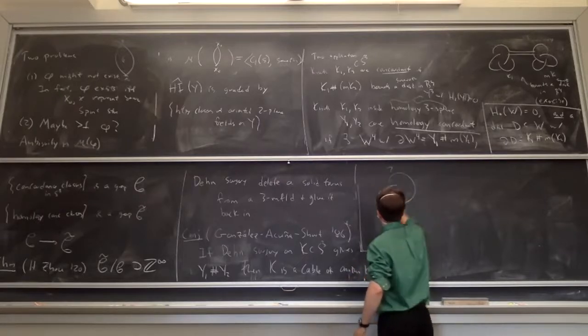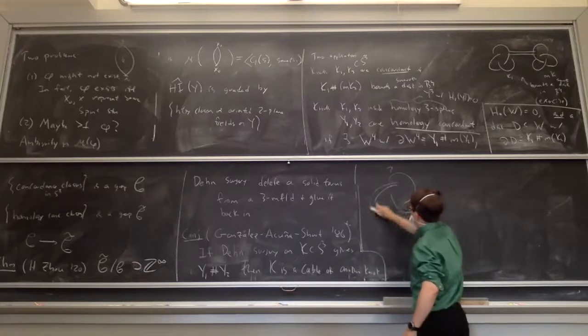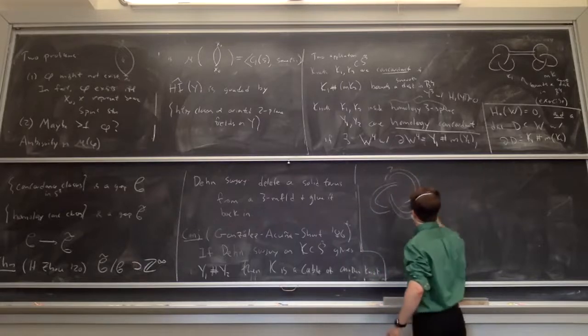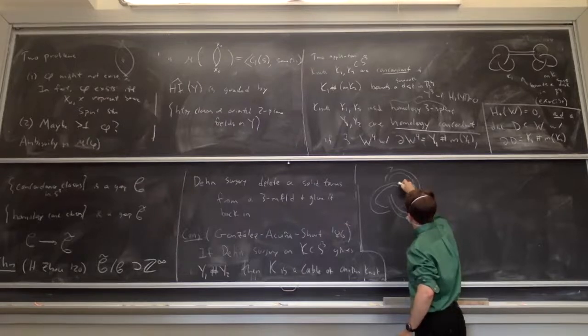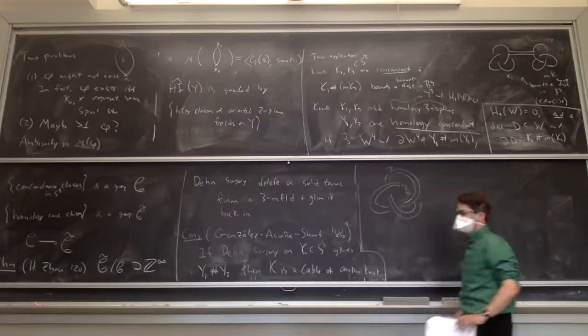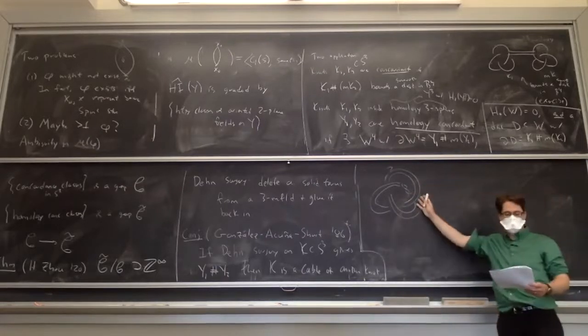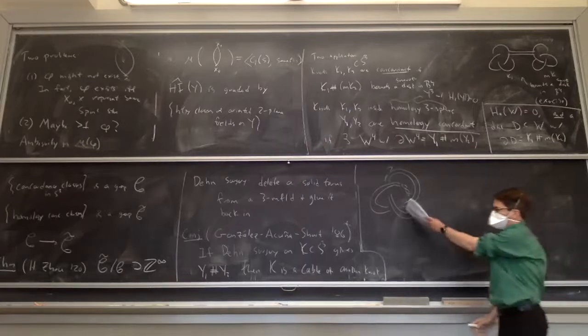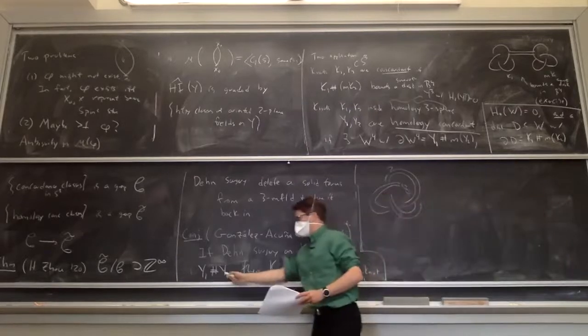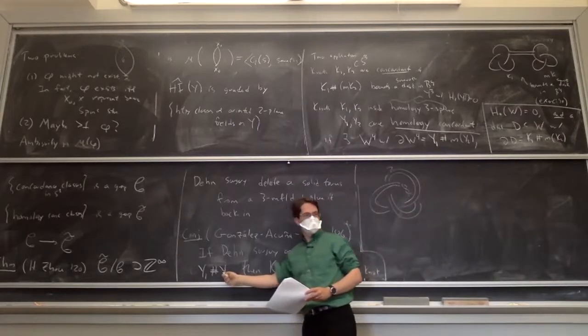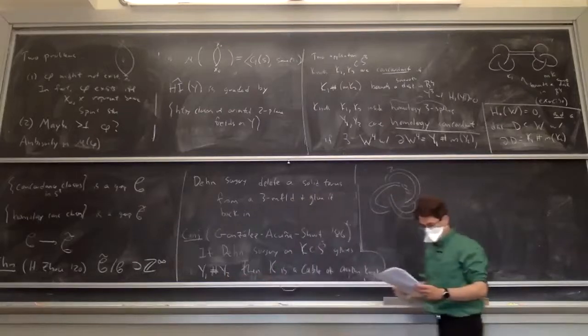Cable means you take your knot, and then you just have some parallel copies, maybe with some twists. There's an example of a cable. It's just a bunch of parallel copies. And if you have a cable, you can see some particular ways of doing surgery to give you reducible manifolds. So this conjecture says those are the only ones.